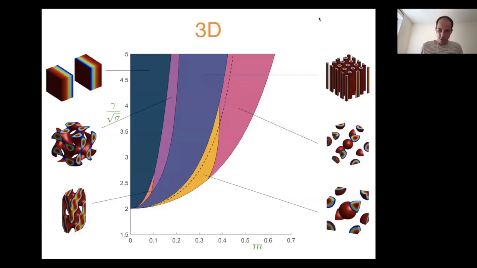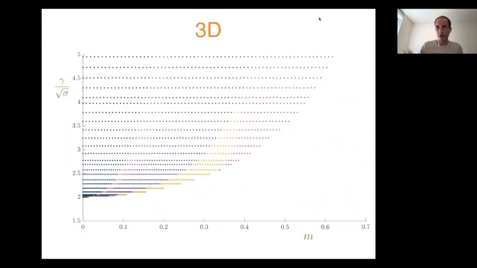Okay. Now, we did not do quite the same as for the 2D problem here. We didn't want to find the curves again, because it was a lot of work already in 2D. So we're a little bit lazier. And just took parameter values and determined at those parameter values many solutions, computed their energies, and found the one that had lowest energy.